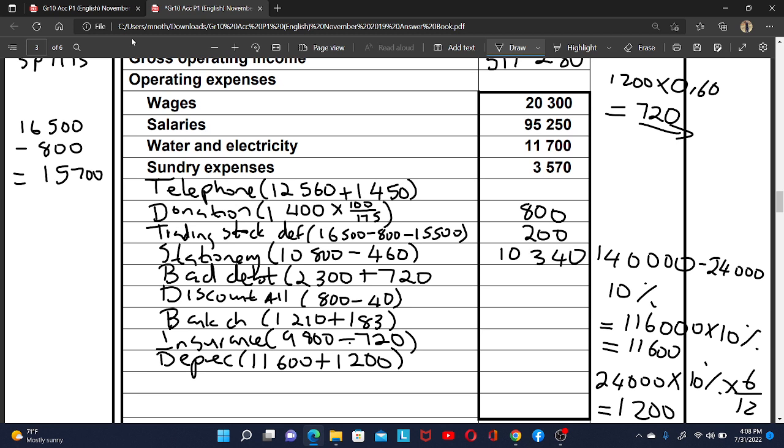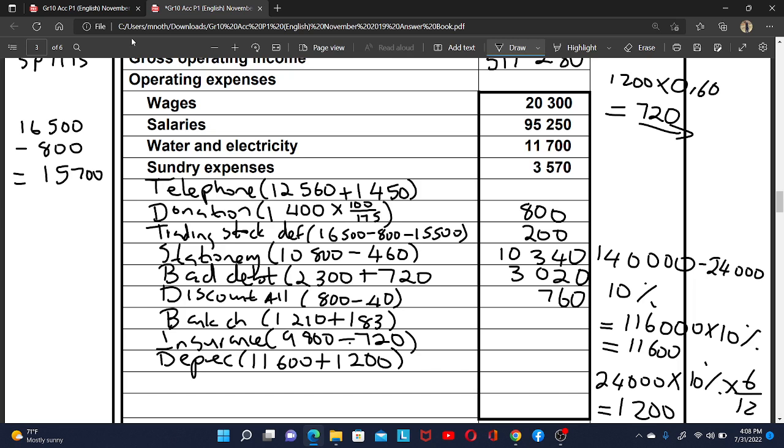And then we have the bad debts, 2,200 plus 720 is 2,920. And then we have 800 minus 40. The answer is 760. And then we have the bank charges, 1,210 plus 183.